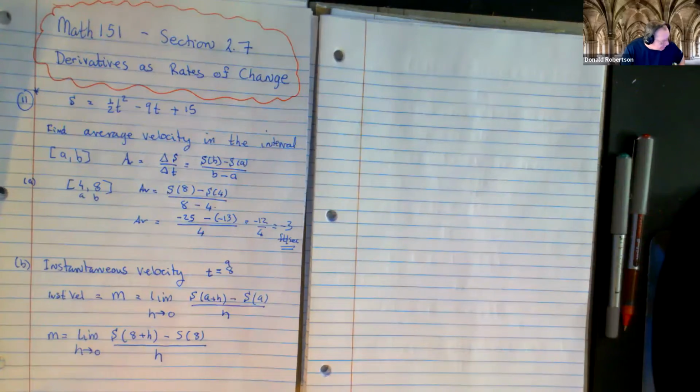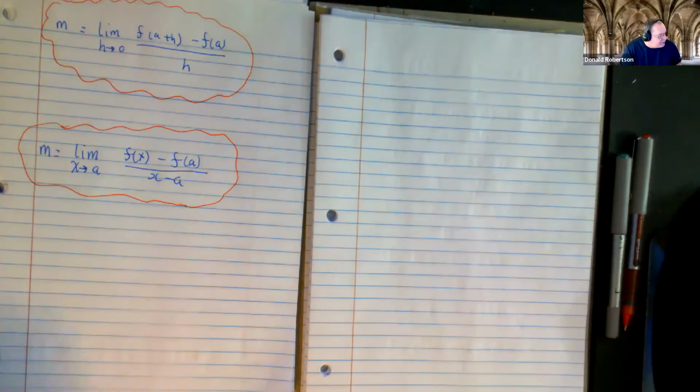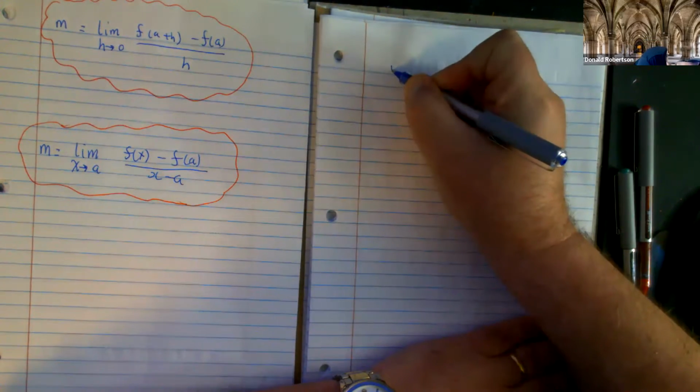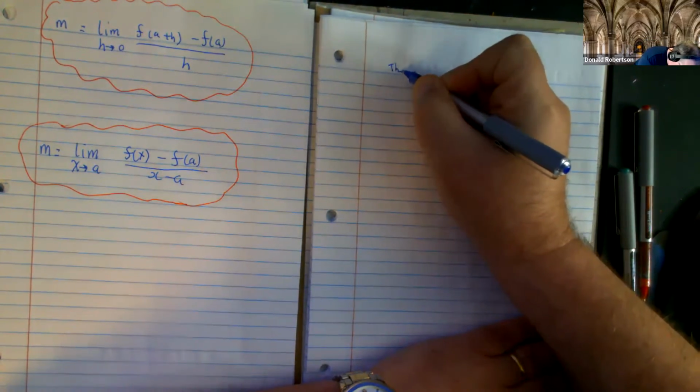We've been spending a lot of time using the two formulas over here. Let's take it one stage further. We're going to find what is called the derivative. And here it is.